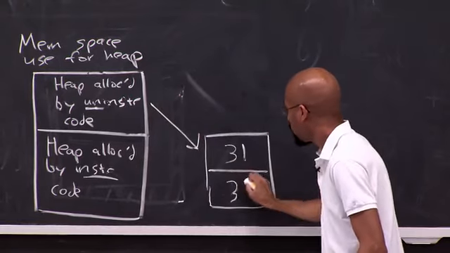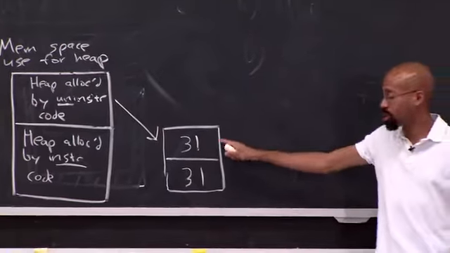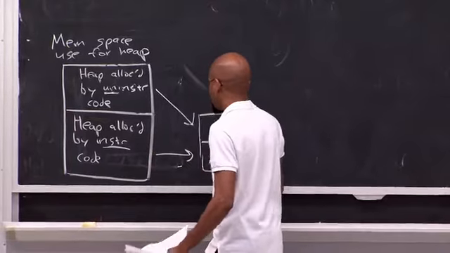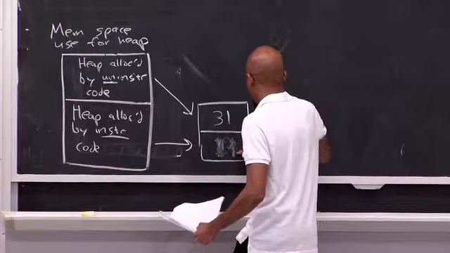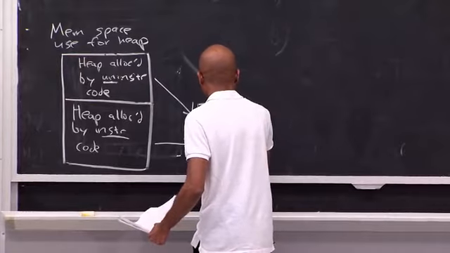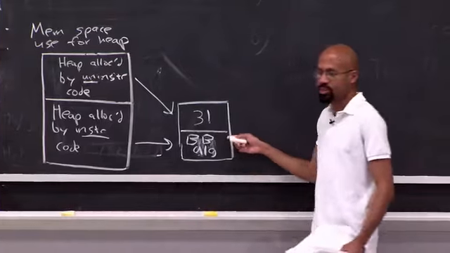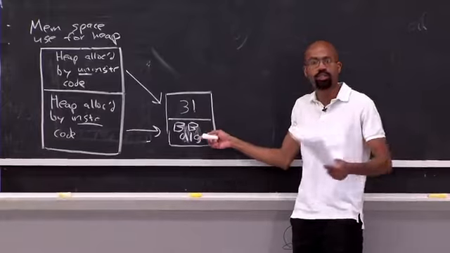Initially, all of the entries in the bounds table are initialized to 31. But then eventually, as the instrumented code runs, it's actually going to use the baggy bounds algorithm to set these values to whatever should be appropriate for that particular instance of malloc or instance of free.